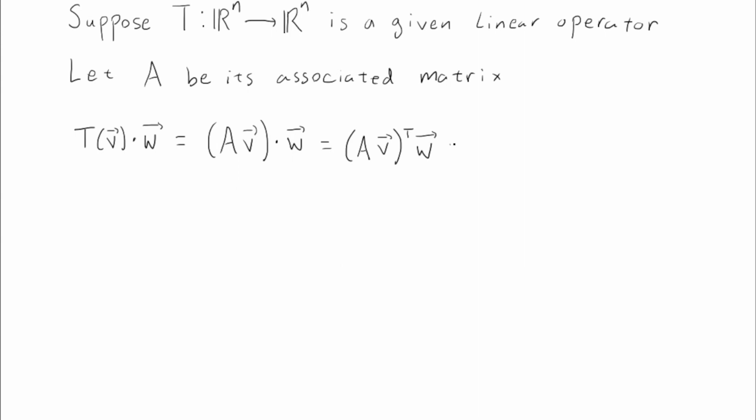Now the good thing of this is that we know in general, if you have two matrices A and B, then the transpose of A times B, that's the same as B transpose times A transpose. It flips like this, yeah?